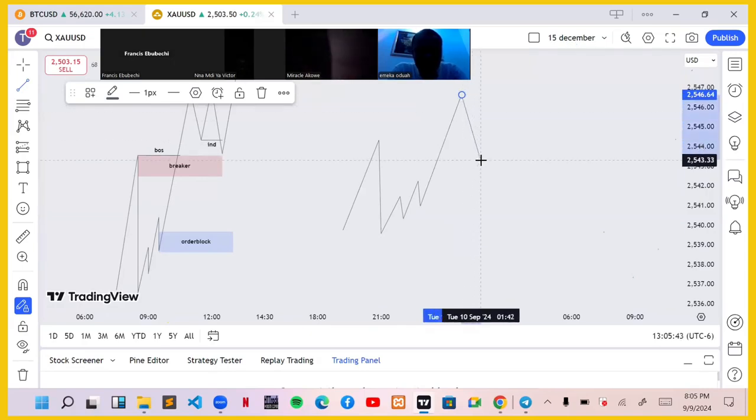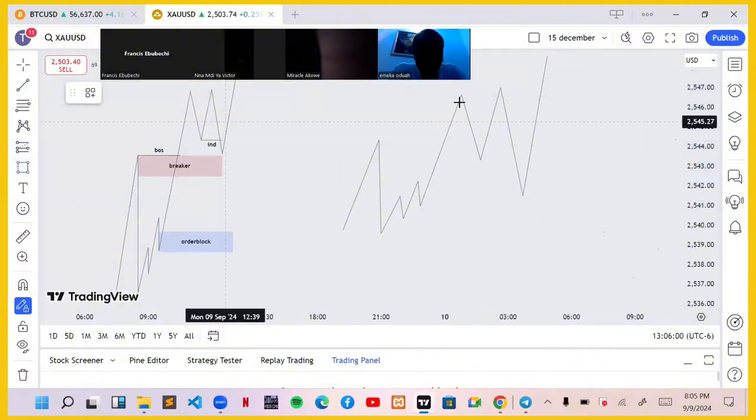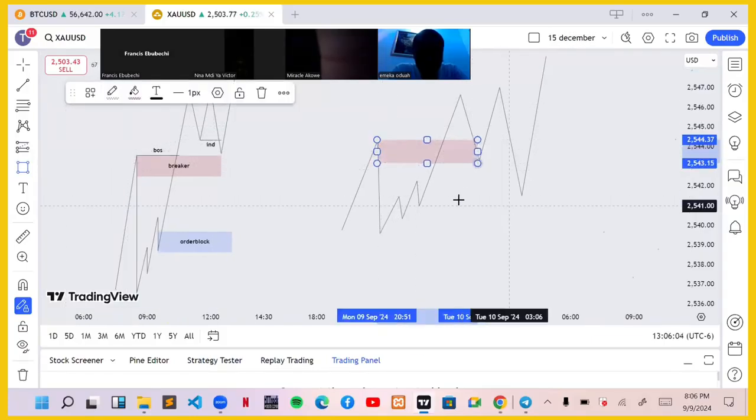If the first pullback mitigated this breaker, the market will go up a bit and then come down to sweep this inducement. Because this breaker block has already been mitigated during the first pullback, you can't use it as your entry anymore. You now pay attention to the other block. Take your buy. You understand? So this is your breaker, and then this is your other block.